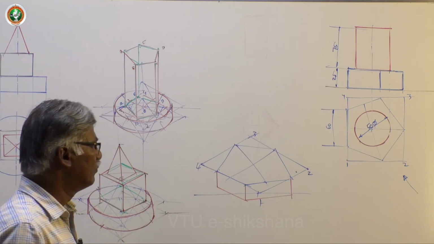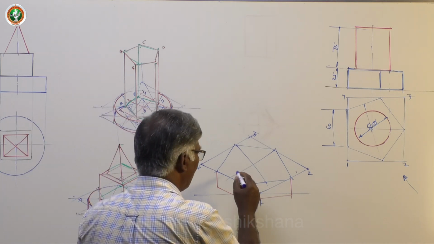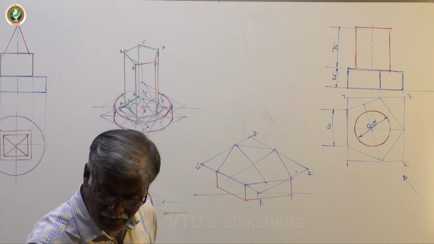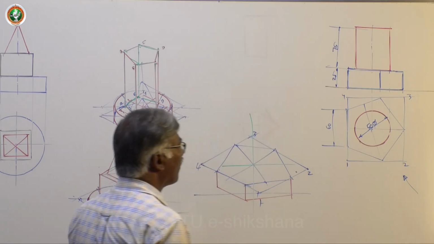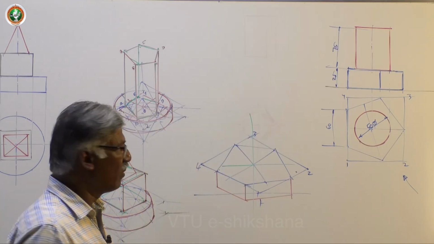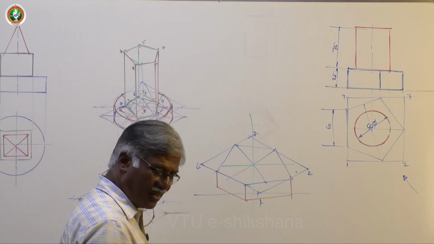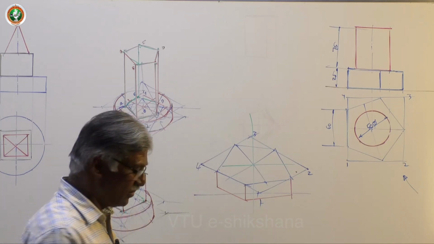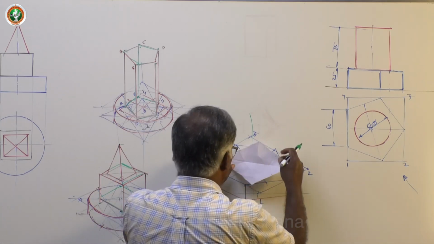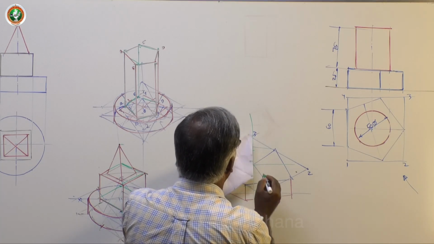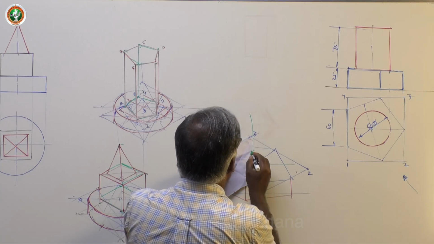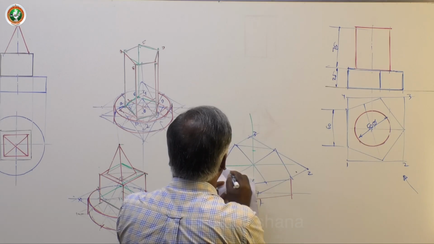Okay. Then plus mark. Because it is a cylinder. Okay. So take the specific height and draw this. Take total mark.